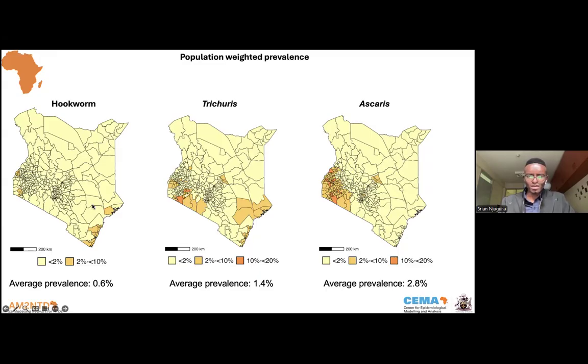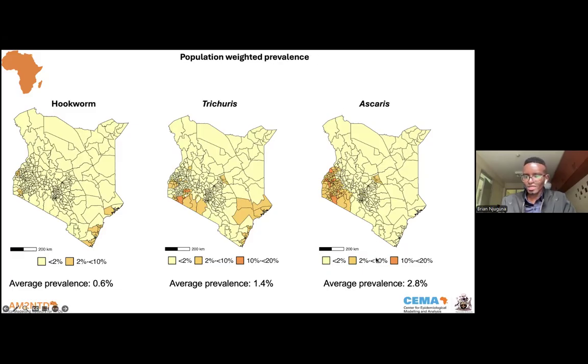What we observe is that Hookworm had some sub-counties with prevalence between 2 and 10%, but we didn't have sub-counties with any higher prevalence. Then for Trichuris, we observe also in the lower western region that we had some sub-counties with prevalence between 10 to 20%.